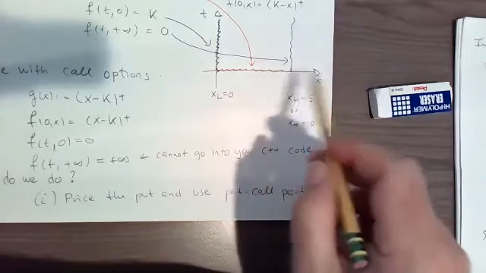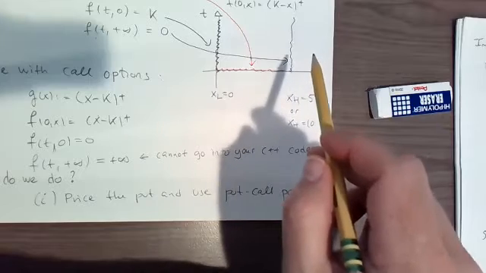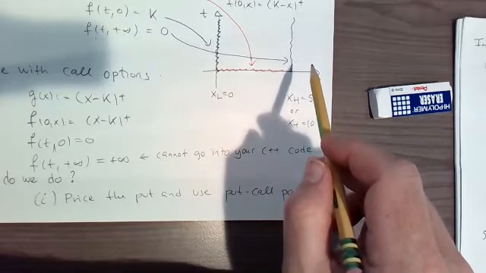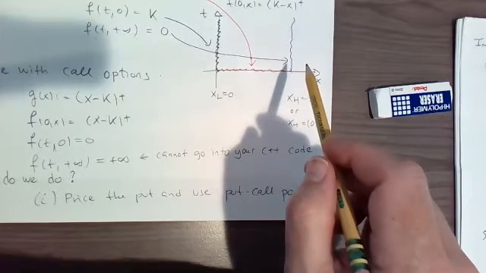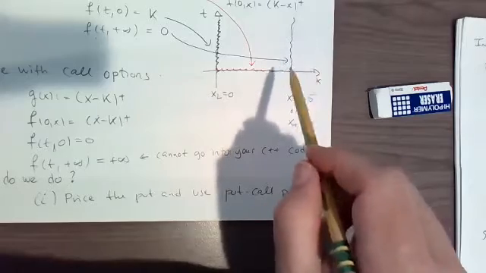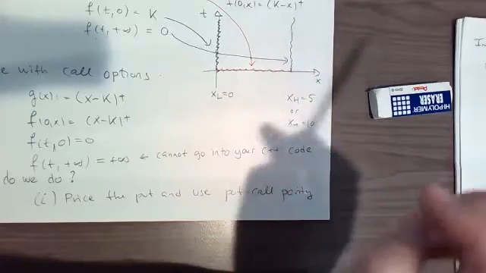Say the underlying is like 1 million, and we're thinking about how the call price changes when you go from 1 million to 1 million plus 1.